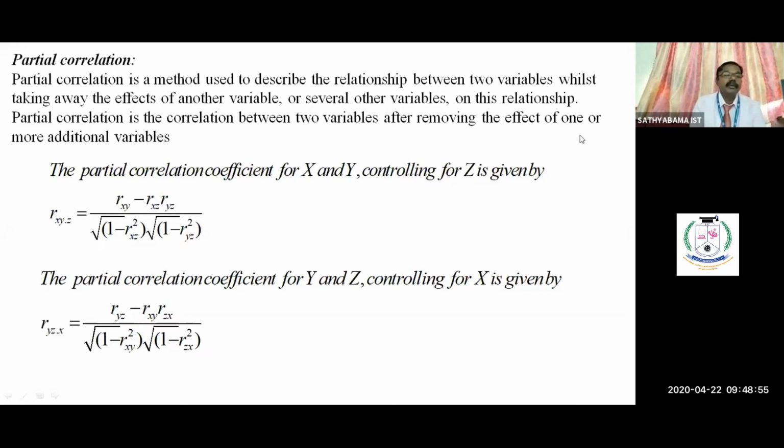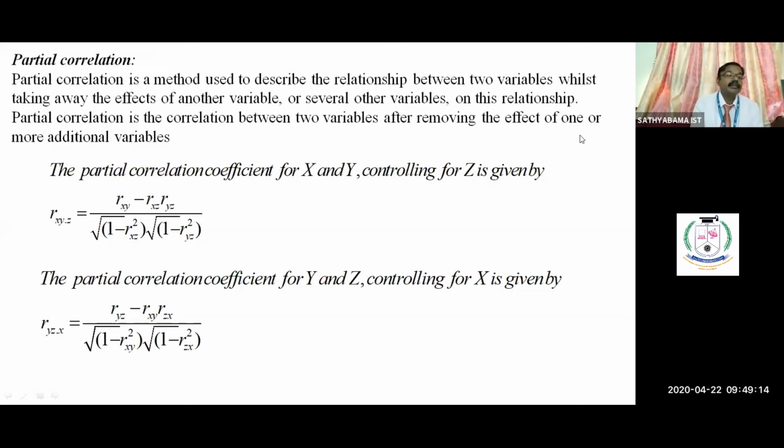So we have the symbol for the partial correlation coefficient of x and y, controlling for z. Controlling for z means z has no role; we are removing the effect of z. It is given by Rxy dot z.